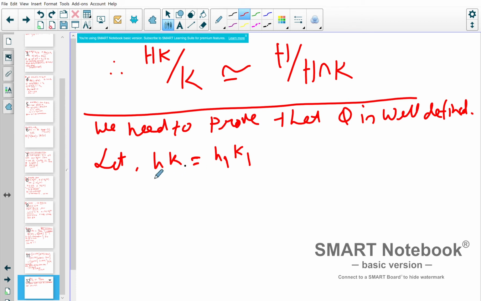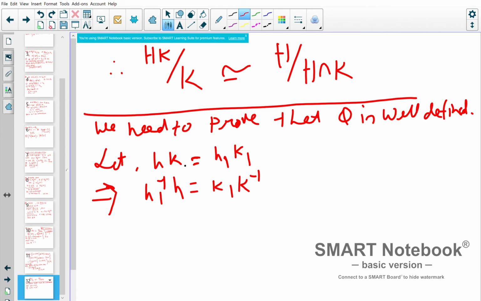Now this means what? So this implies I can write some h1 inverse h is the same as k1 k inverse, right?